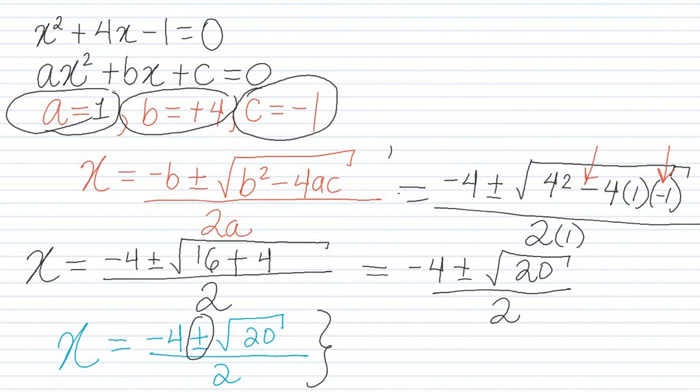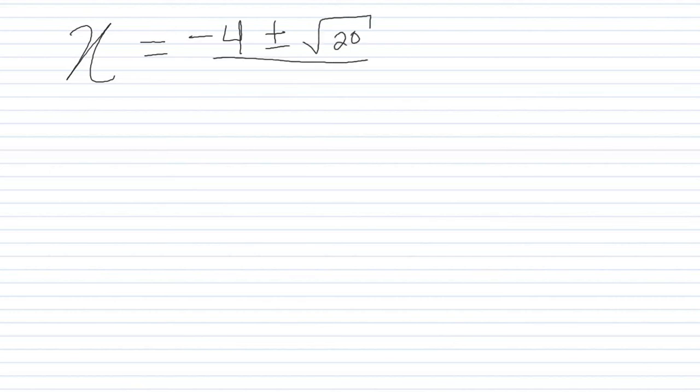Now I'm going to put that in writing for you guys. So you have x equals -4 plus or minus the square root of 20 divided by 2. So one thing you can do, you can just say x1, which is just one of the values of x, and because we're dealing with one value of x, we're just going to stick to plus.